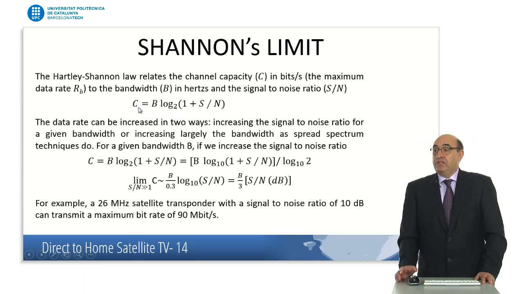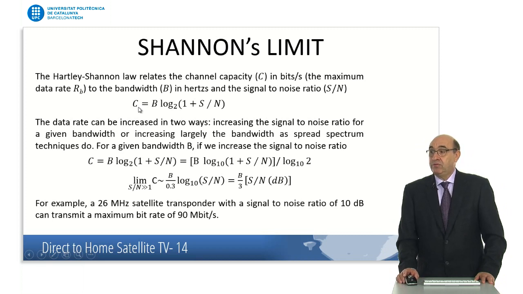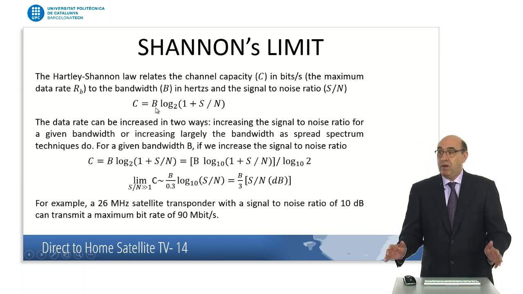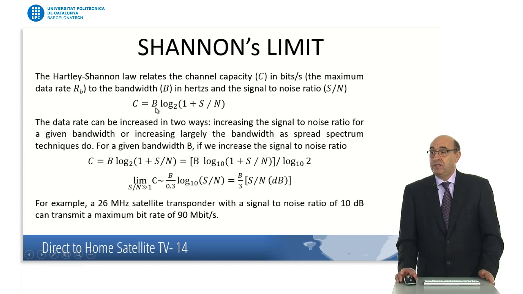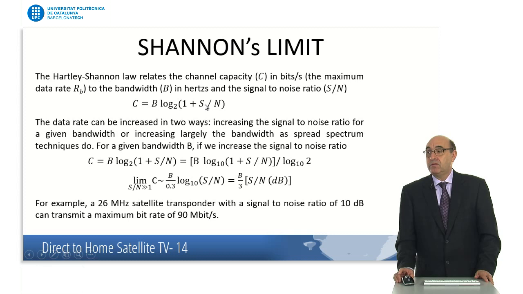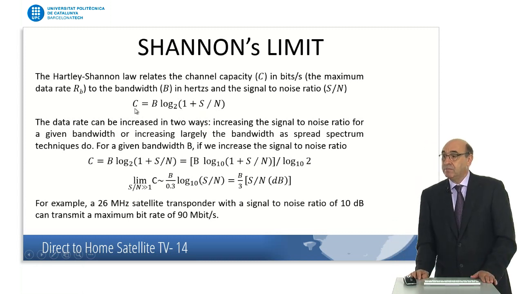There are 2 ways to increase the data rate for a given bandwidth. One is to increase the bandwidth, and this is what is done in spread spectrum systems such as mobile phones. The other way is to have a fixed bandwidth, which is what happens in satellites, and then just see how the signal to noise ratio allows you to increase the bit rate.